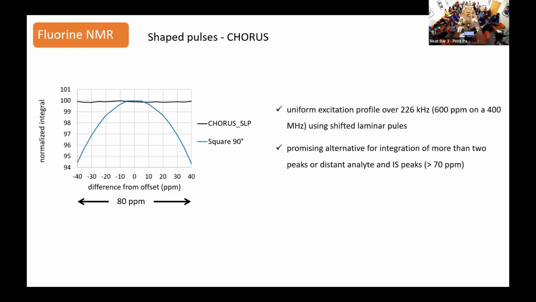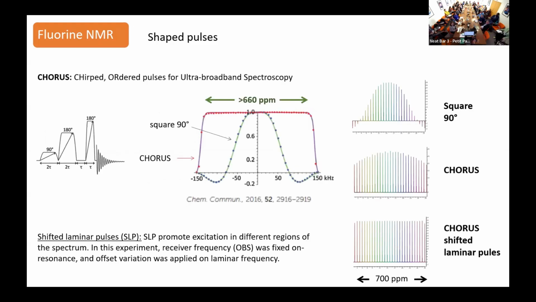It may have some problems if you are working with polyfluorinated samples like PFAS, for example, because the duration of these pulses is long. It's like 6 milliseconds, and a square 90 degrees pulse would be around 10 to 15 microseconds. So it's a big difference. You can start to have some homonuclear coupling here in a polyfluorinated compound.